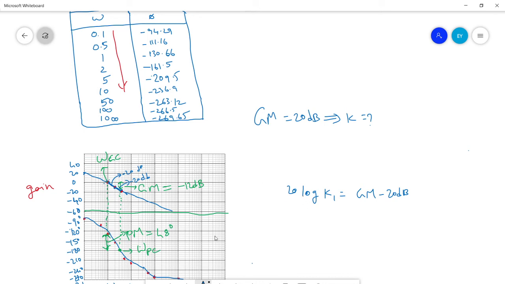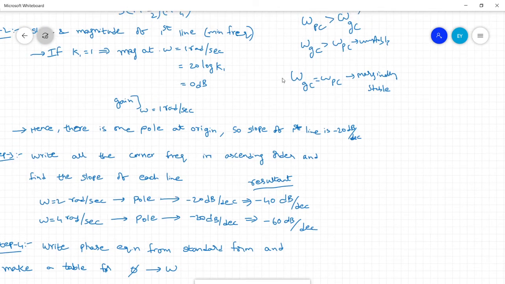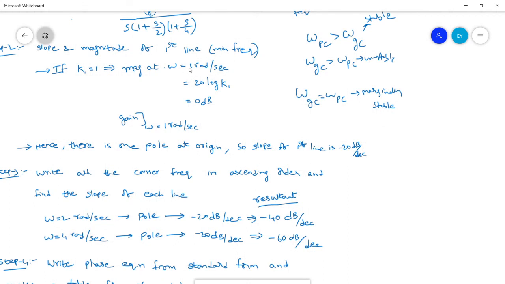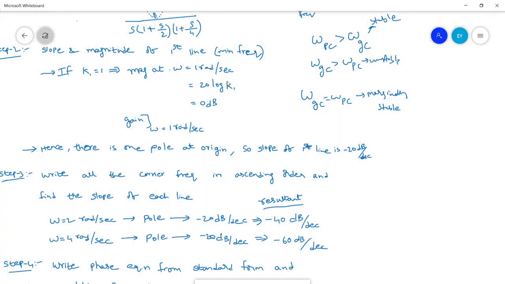In the first step, if you remember, I'll just show it. At omega equal to 1 radian per second, the equation you get is 20 log K1.